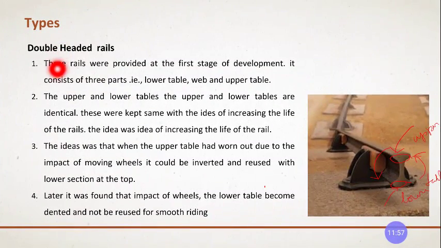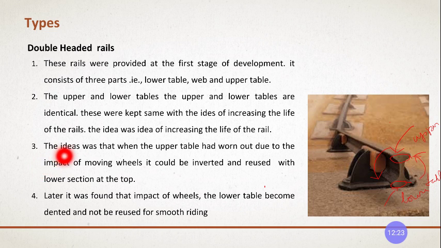These double-headed rails were provided at the first stage of development. It consists of three parts: the lower table or lower head, the web, and the upper table or upper head. The upper and lower tables are identical. This was kept the same with the idea to increase the life of the rails.